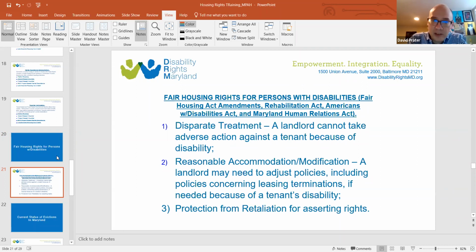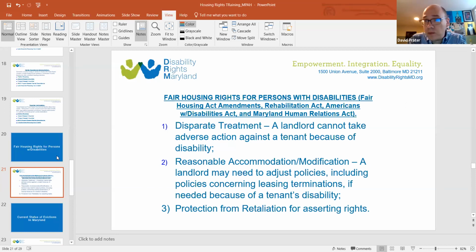A landlord must provide reasonable accommodations and allow for reasonable modifications. And landlords are prohibited from taking retaliatory actions when residents assert their rights. So this relates to evictions in a lot of different ways.